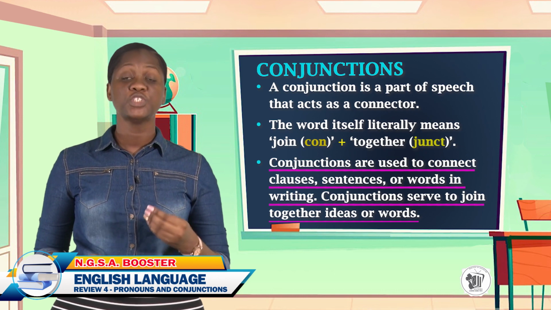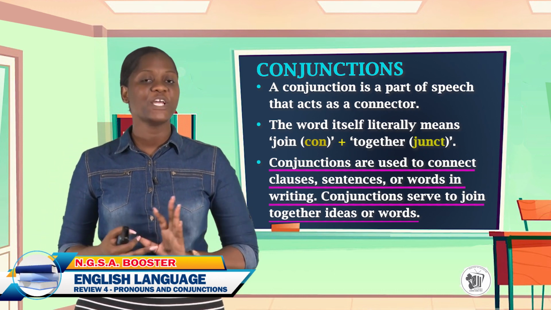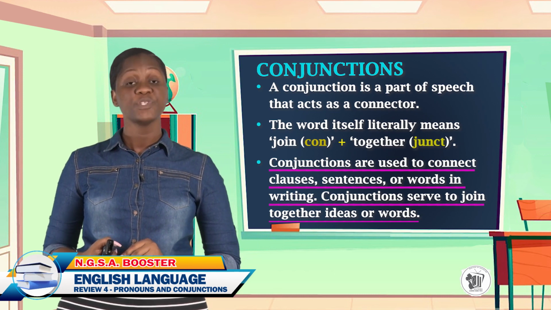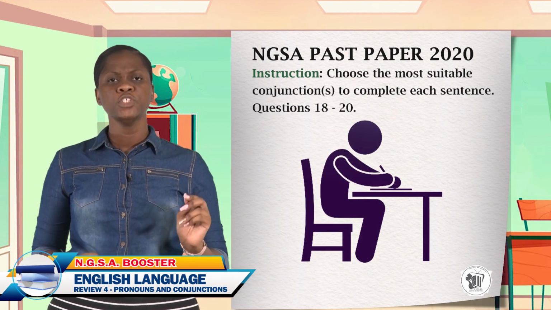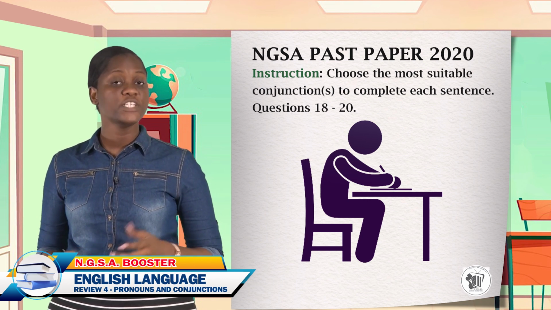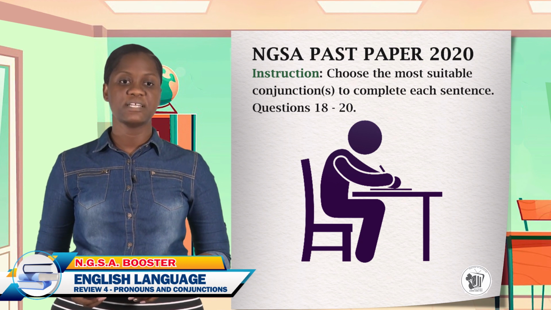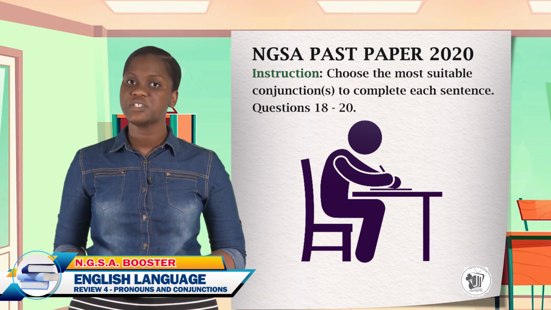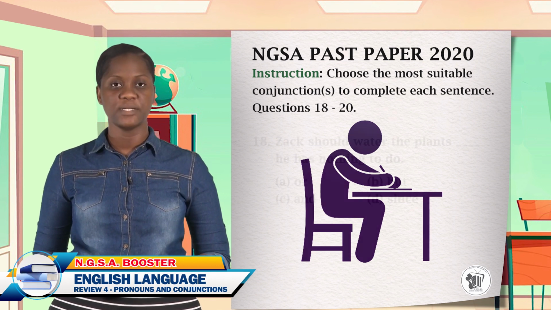Conjunctions serve to join together ideas or words. So let's take a look at the questions. 2020. The instruction had read, choose the most suitable conjunction or conjunctions to complete each sentence. We found questions on conjunctions at numbers 18 to 20.